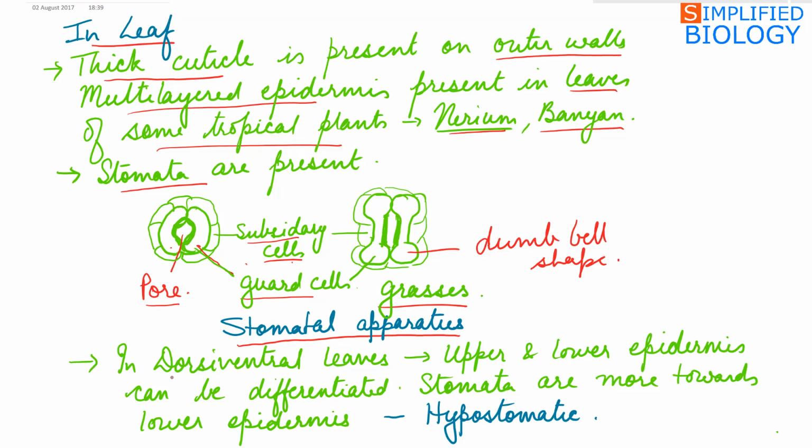Now in dorsiventral or the dicot leaf, in which the upper and the lower epidermis can be differentiated, stomata are more present towards the lower epidermis. Such condition is known as hypostomatic.